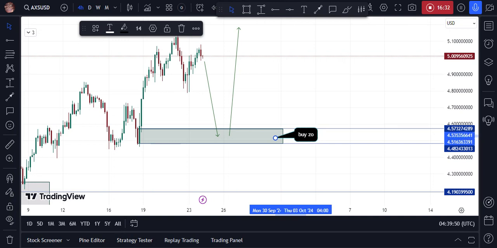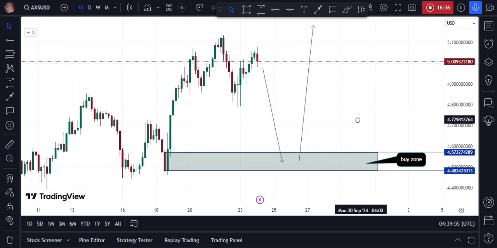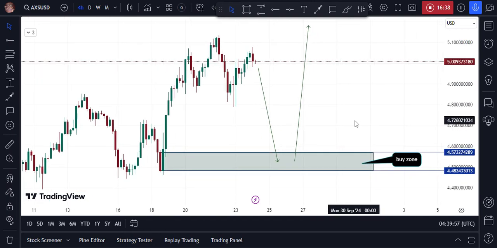And don't worry, I'm going to be dropping it in the description section. So if you put $1 in this coin at this buy zone, be rest assured that you are going to get $31 when you are exiting. So guys, what stops you from making a kill of this?